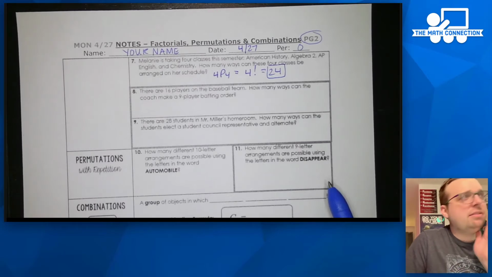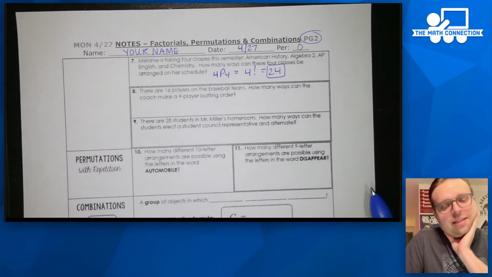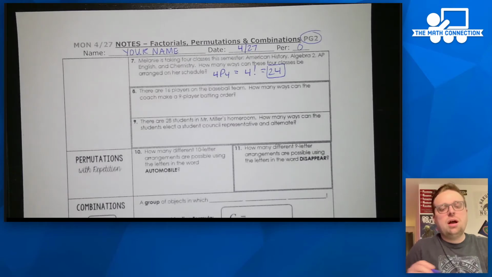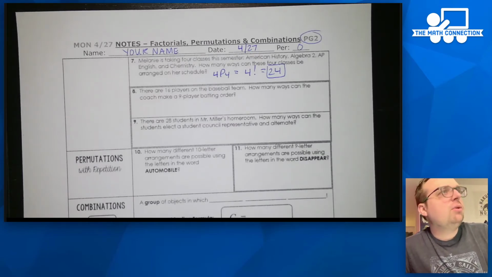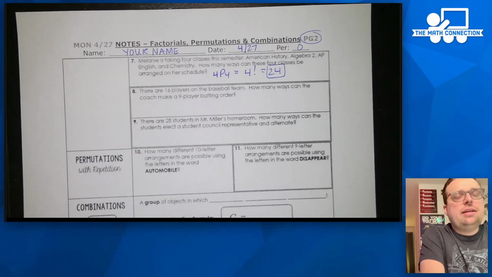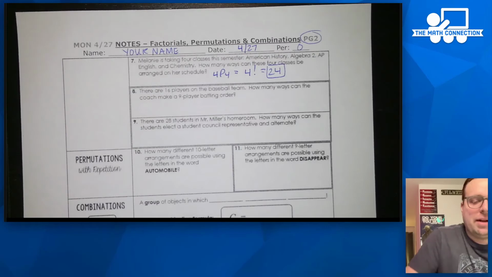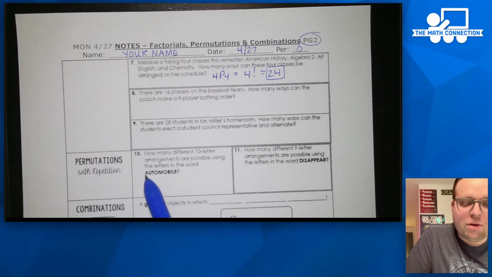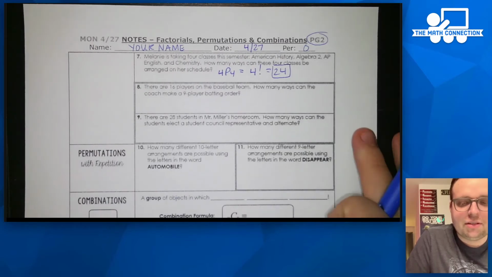So number 10 says, how many different 10-letter arrangements are possible using the letters that are in the word automobile? So what we have here is a word, automobile, and how many letters are in this? 1, 2, 3, 4, 5, 6, 7, 8, 9, 10. Okay, perfect.